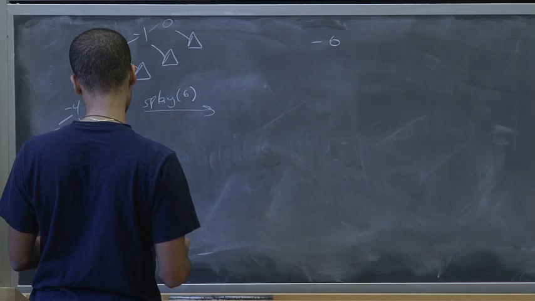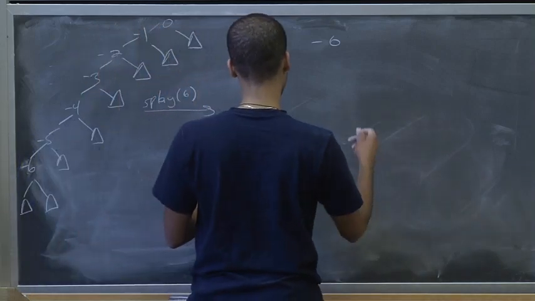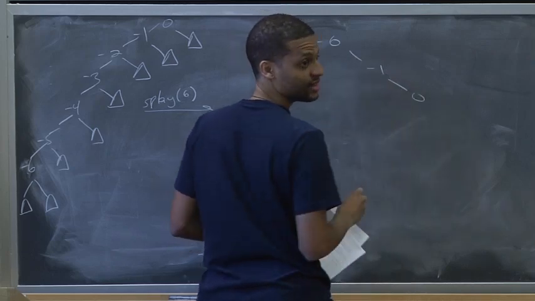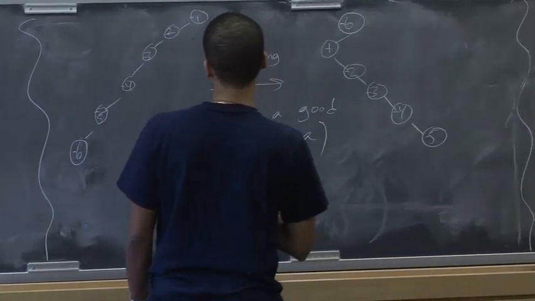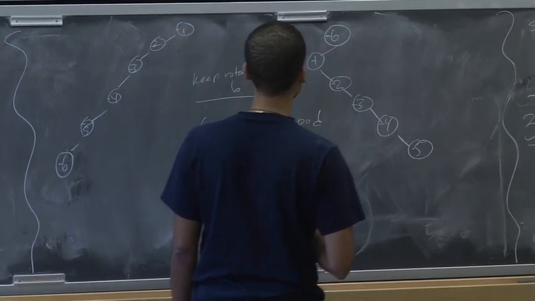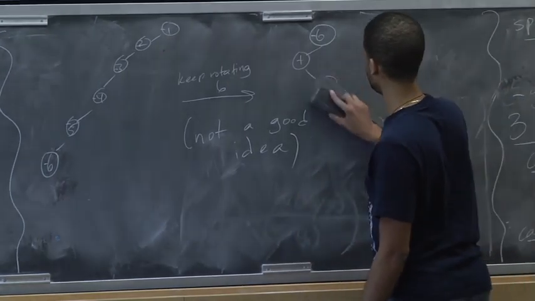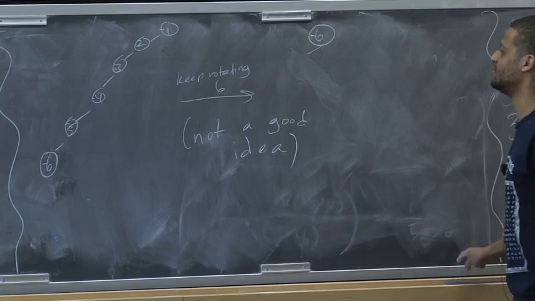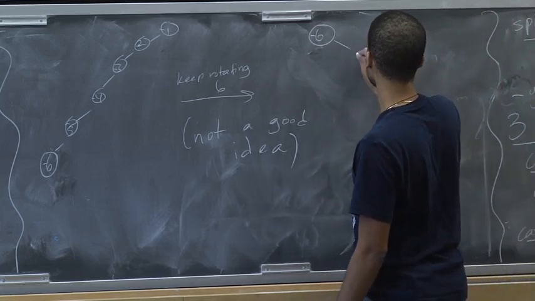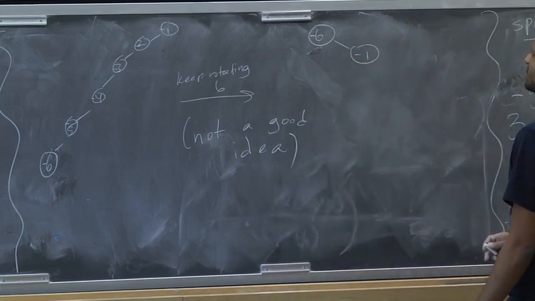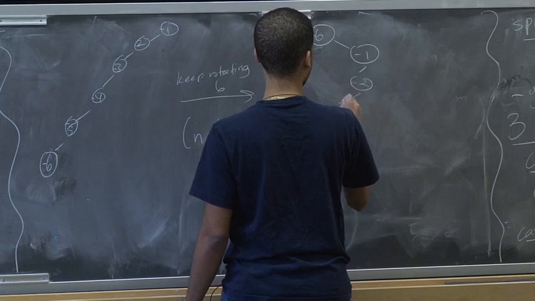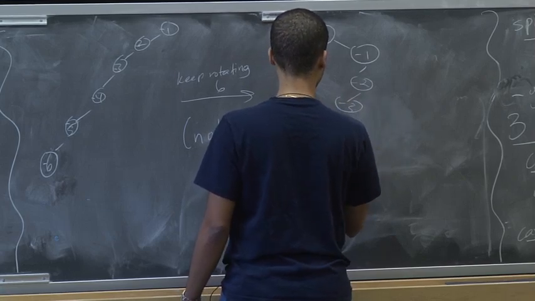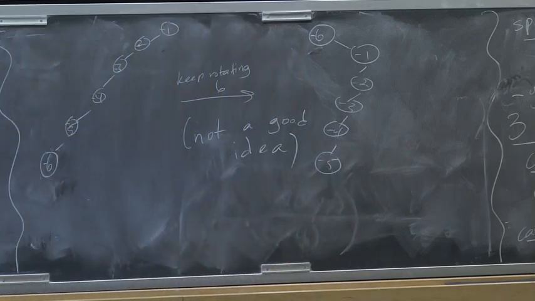And then we have minus 1 hanging off and 0. Oh, really? Oh, you're right. So I really messed up myself. So minus 1 should be off to the right. And then now minus 2, minus 3, minus 4, minus 5. Okay. Good.